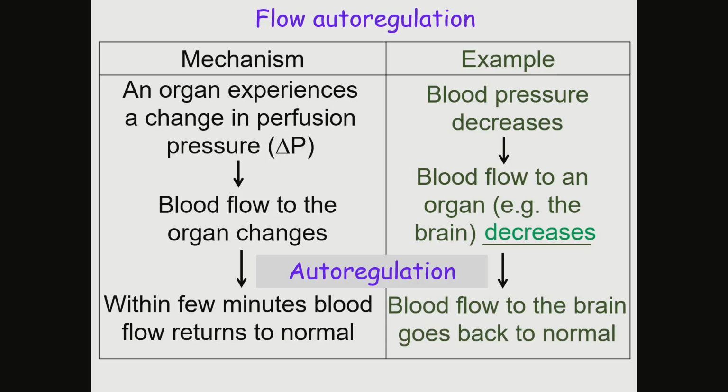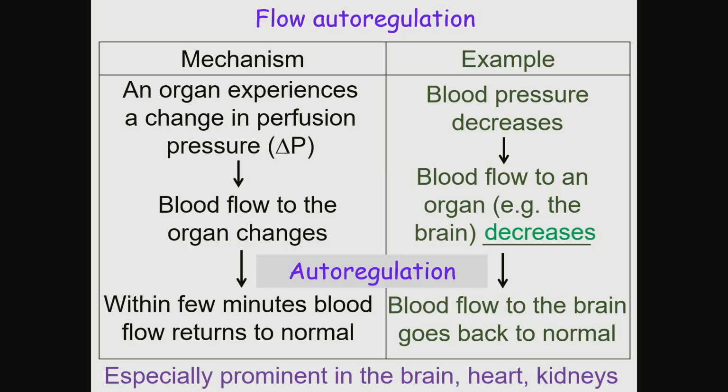So for example, blood flow to the brain goes back to normal. This is especially prominent in your brain, your heart, and your kidneys. These are the three big organs that do not like it, especially when blood flow decreases. They don't like it.